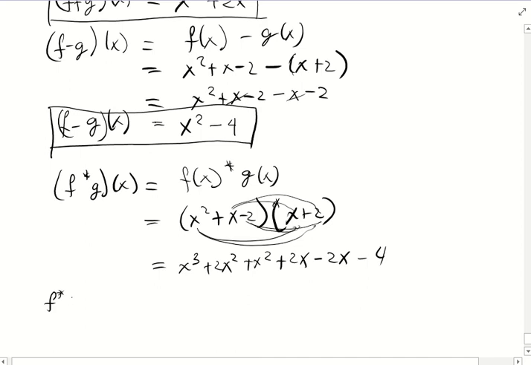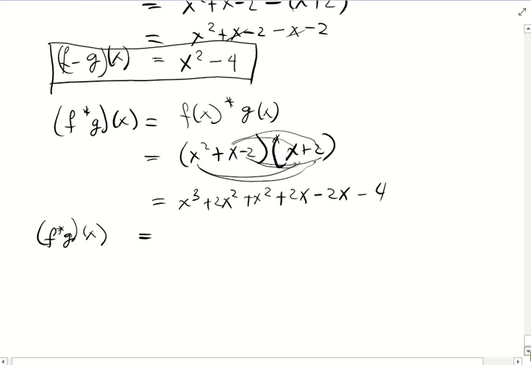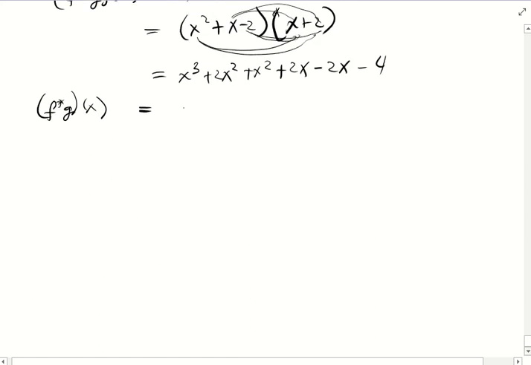F times g of x now will be equal to, we only have one term for x cubed, so x cubed plus 2x squared plus x squared. That's 3x squared, 2 plus 1. Then 2x minus 2x will be equal to 0. Then minus 4. So this will be f times g of x.